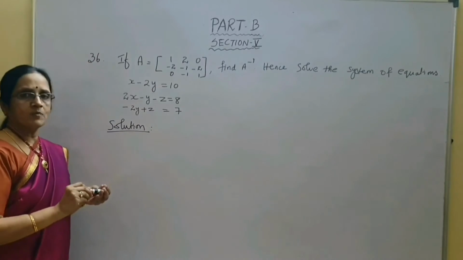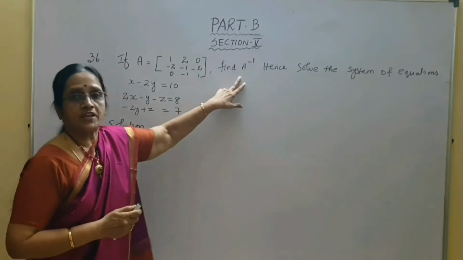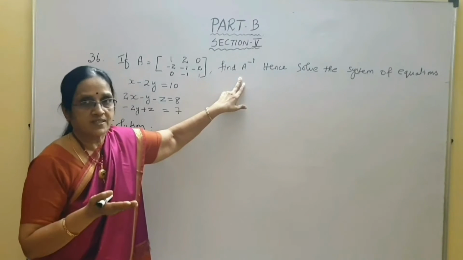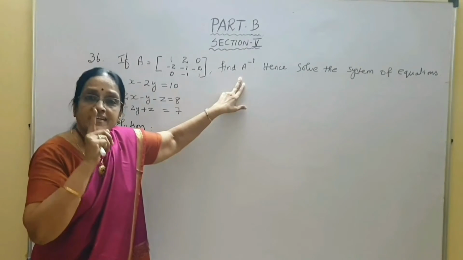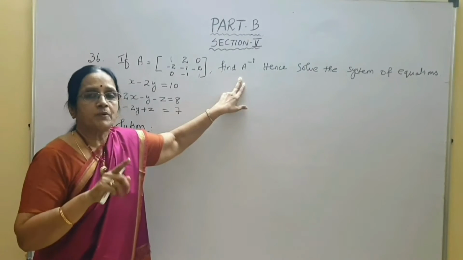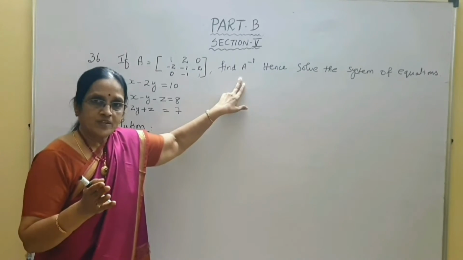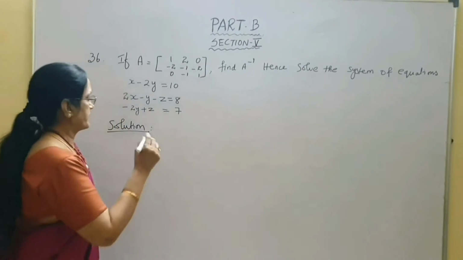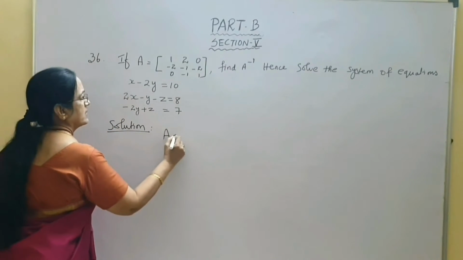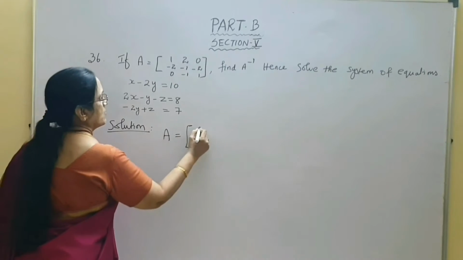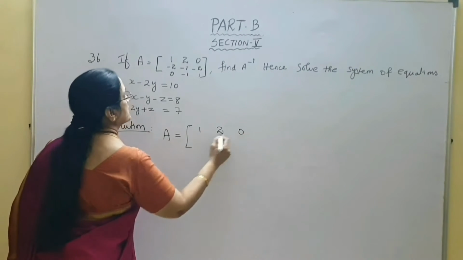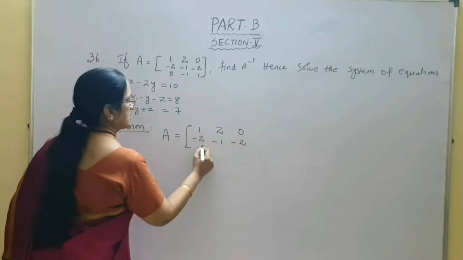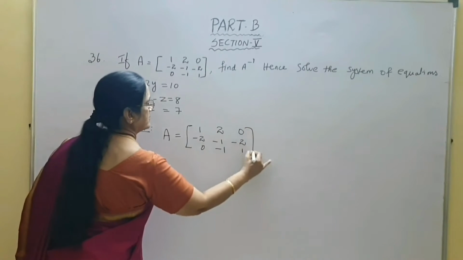The first and the foremost step is we need to find out A inverse. You know the condition for A inverse to exist. What is the condition? The determinant of A should not be equal to 0. So let us first find out the value for determinant of A. You have been given the matrix A as 1, 2, 0, minus 2, minus 1, minus 2, 0, minus 1, 1.